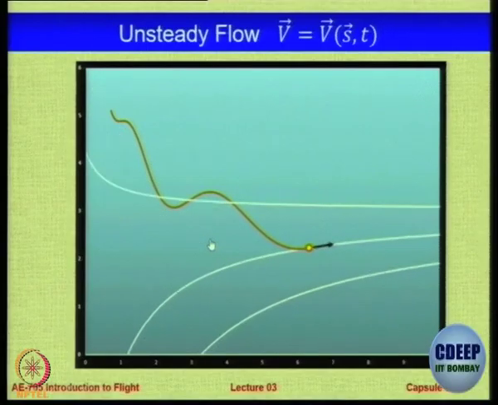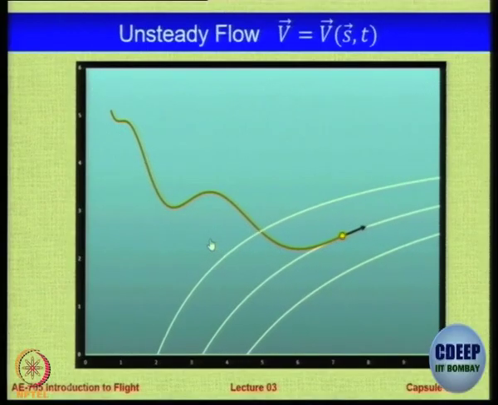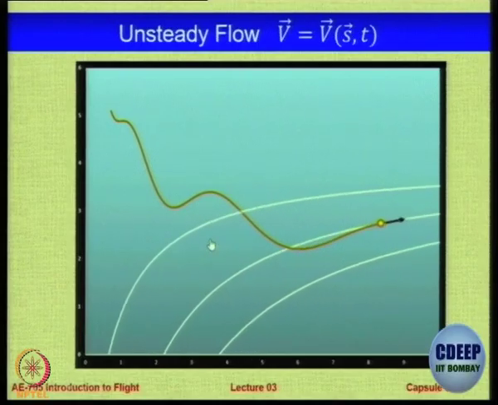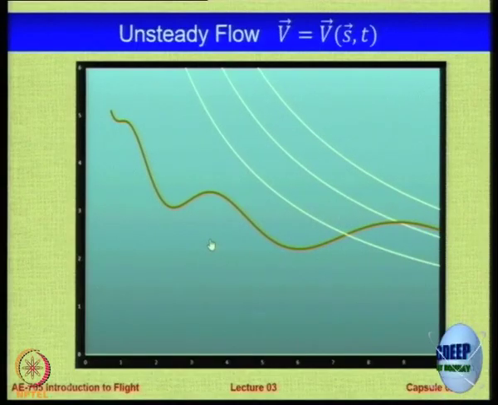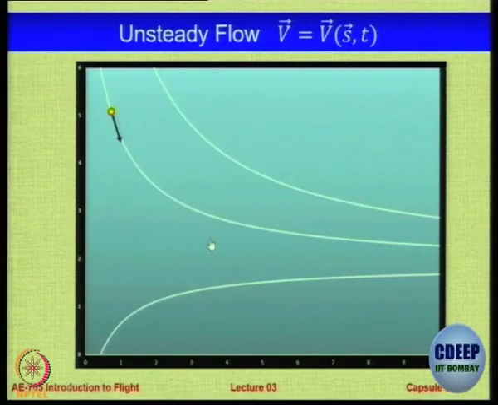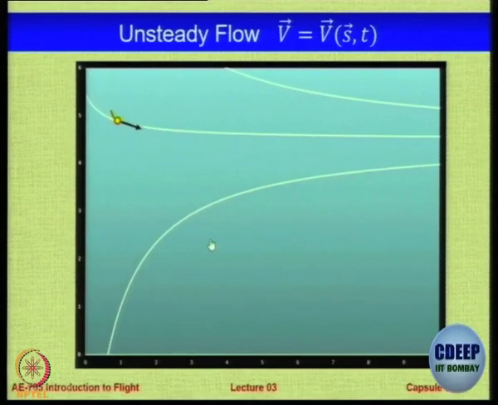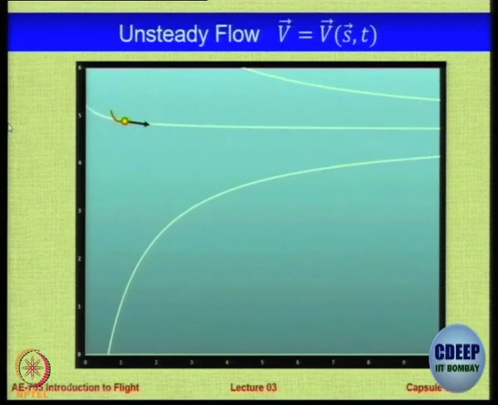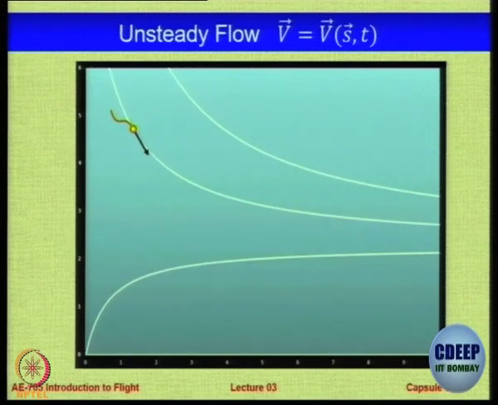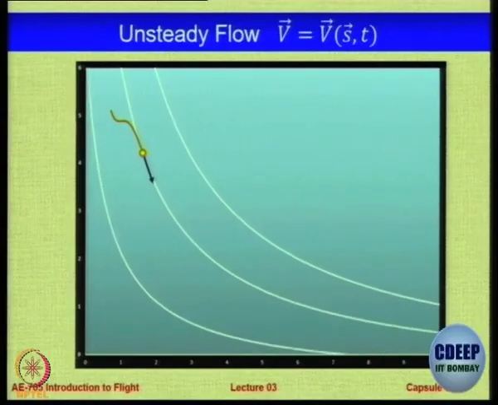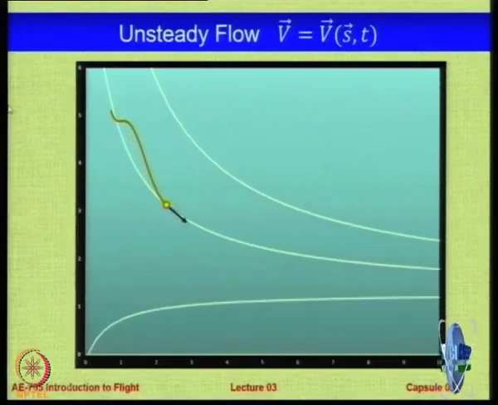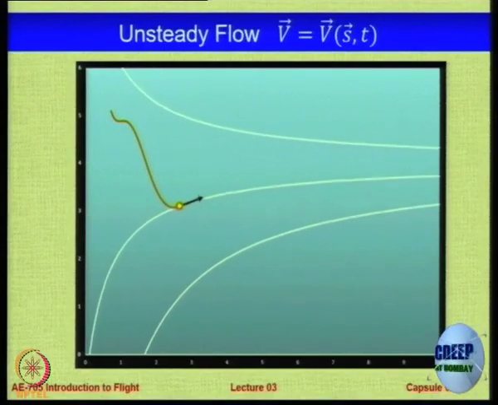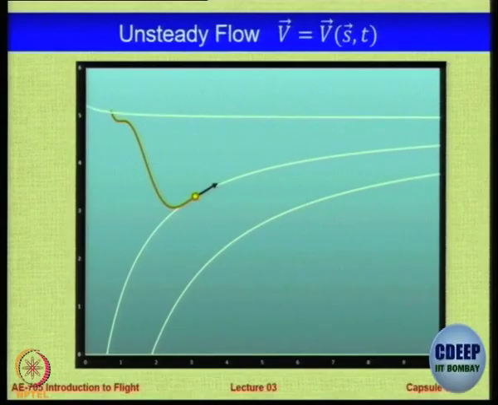But unsteady flow is difficult to examine numerically as well as physically. So steady flow is an assumption, and in some practical cases the flow is steady, where the streamlines and path lines coincide, but we need to understand unsteady flow and its properties because that is what we will usually encounter in any practical situation. So now with this I think the distinction between the path lines and the streamlines is clear.